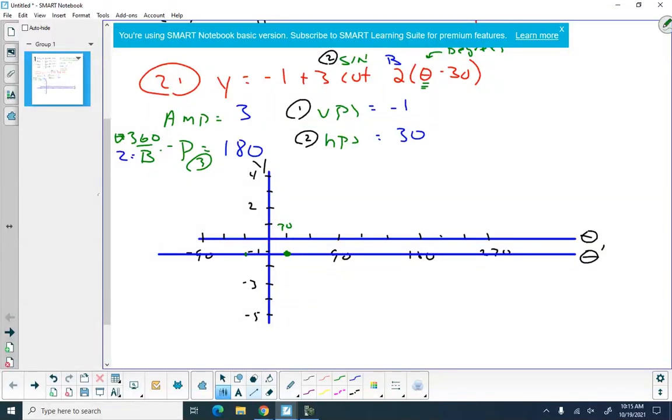Abby? 210. Then we start playing our games of halves. Halfway between 30 and 210, we should be on the prime axis again: 240 divided by 2 is 120.